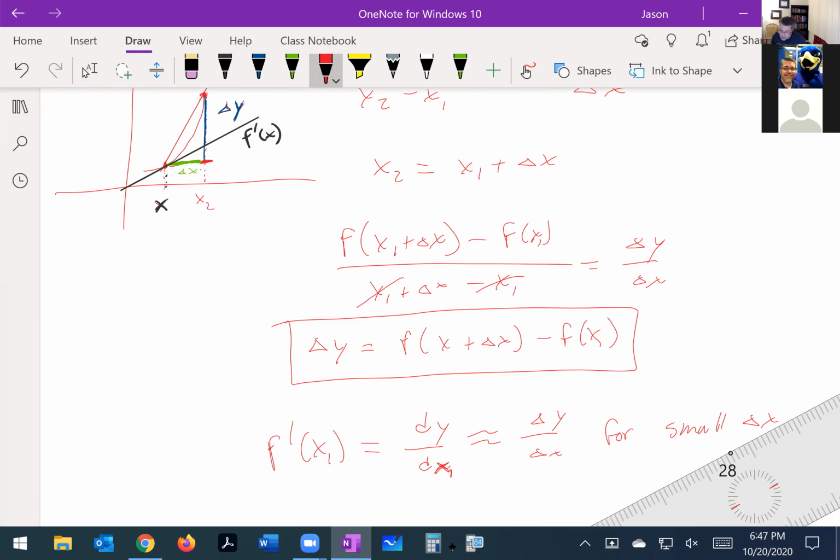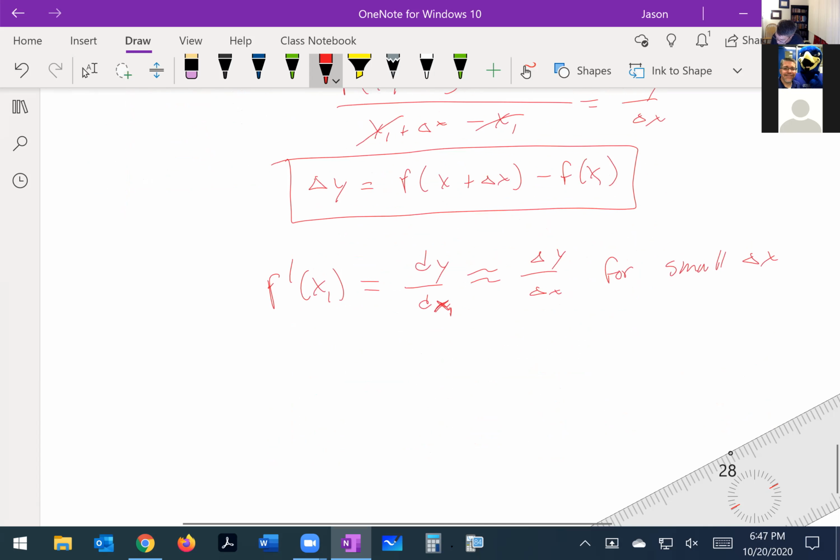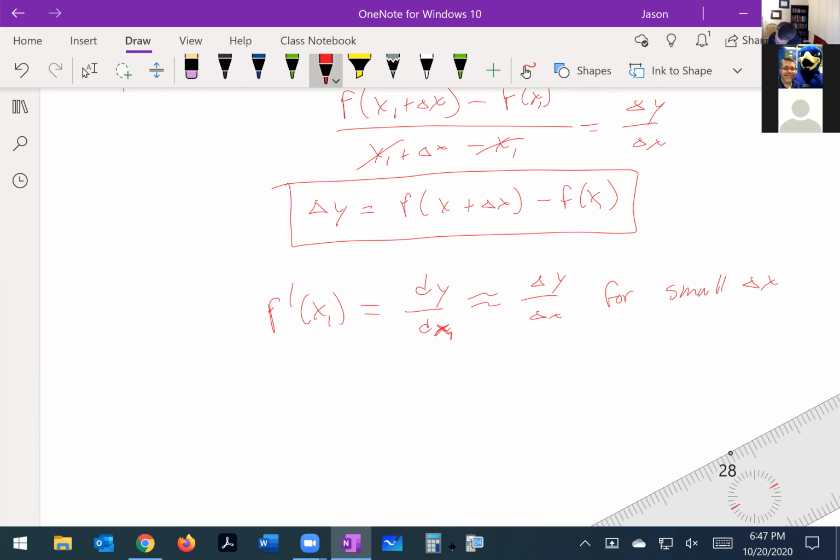The idea is that for very small changes in x, the slope of the secant line will be approximately the slope of the tangent line. That's really what it's saying here. Get rid of that 1 as well.